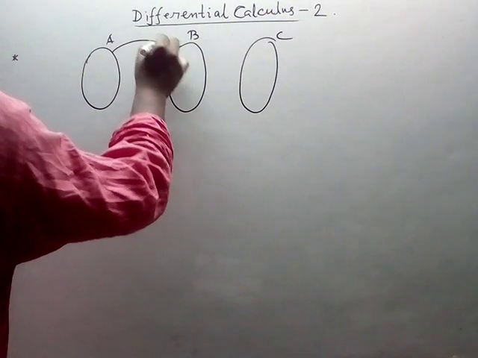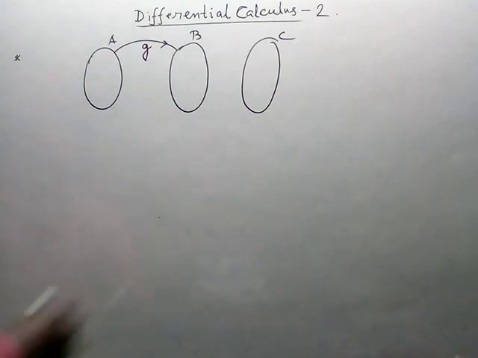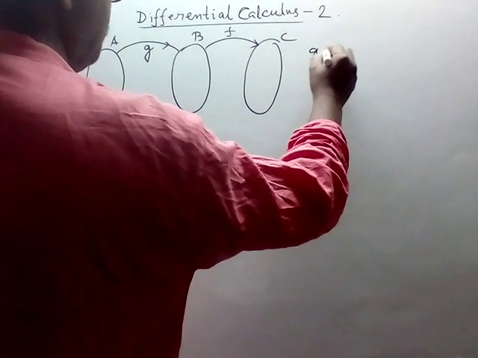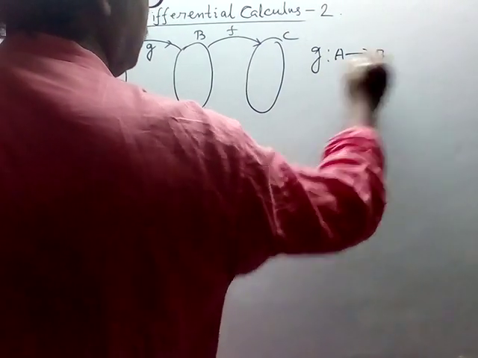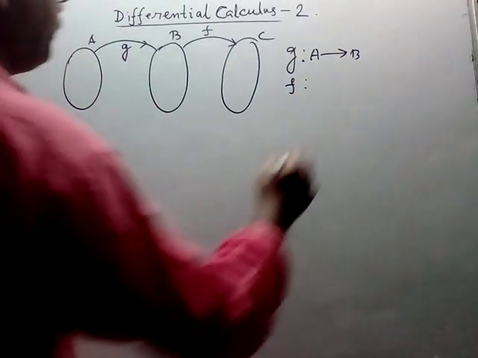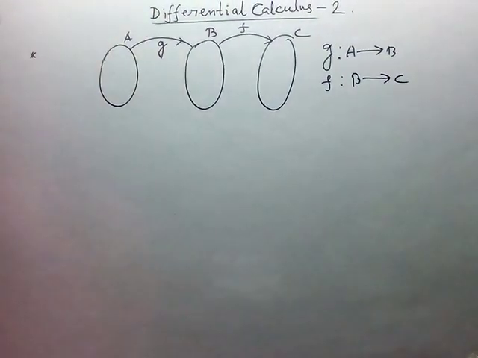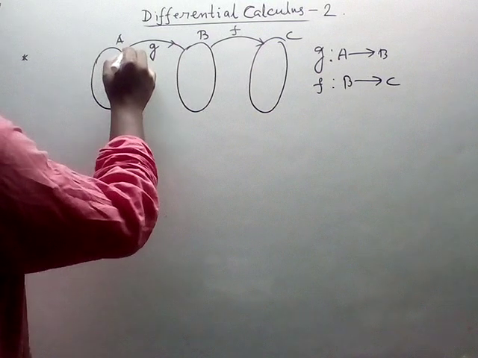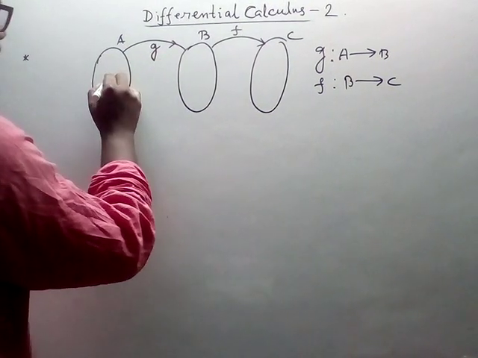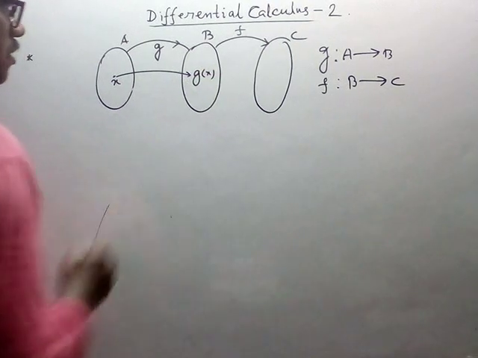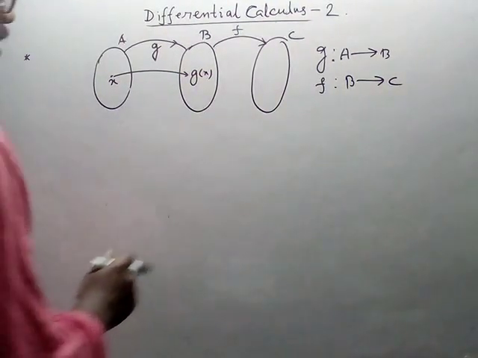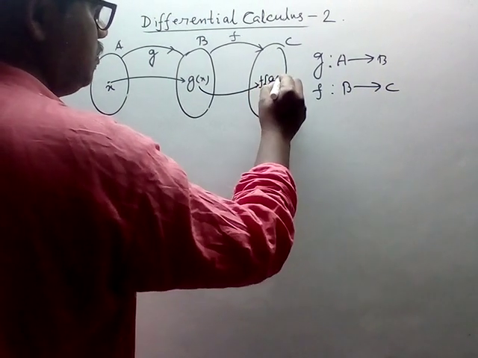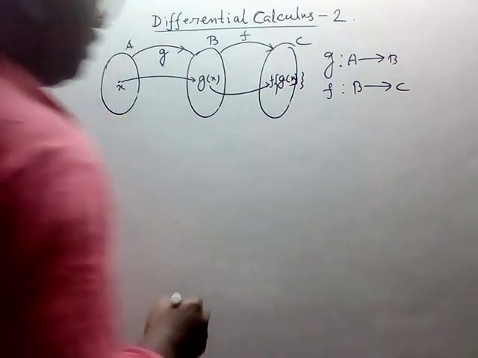Let g be a mapping from A to B and f be a mapping from B to C. g maps from A to B and f maps from B to C. Suppose here is a point x in the set A. Then by the mapping g, x corresponds to g(x). g(x) belongs to the set B. And by the mapping f, g(x) also corresponds to f of g(x).